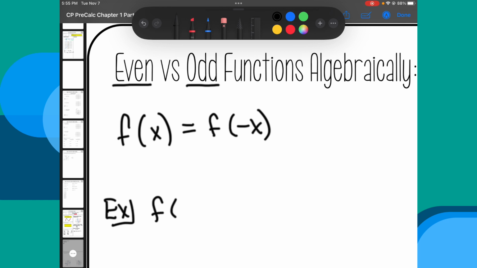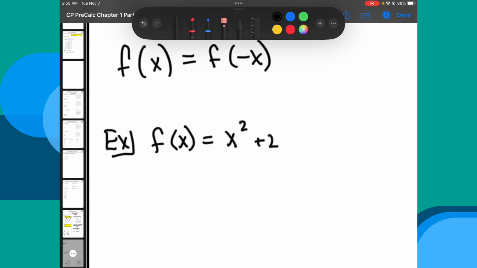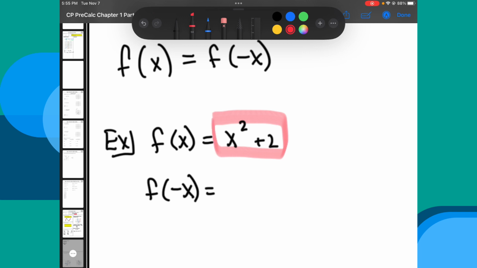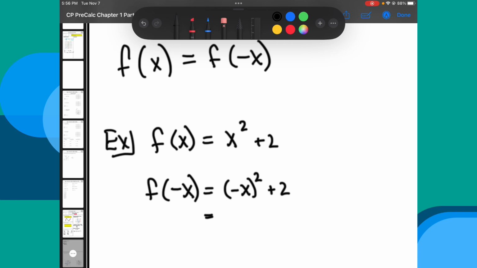If we have f of x equal to x squared plus 2, and we plug in f of negative x, and when I plug in f of negative x I get this same function, then I have an even function. So I'm plugging in my negative x, and I'm going to simplify.